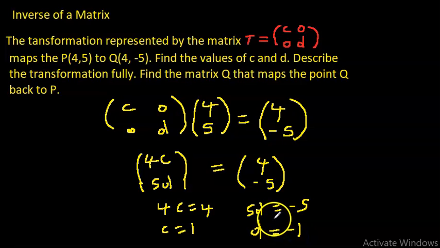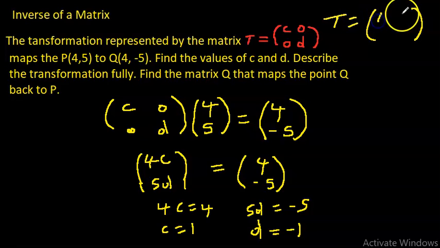So therefore T is (C, 0; 0, D), and we know C is 1 and D is -1, so (1, 0; 0, -1). That's our matrix T.